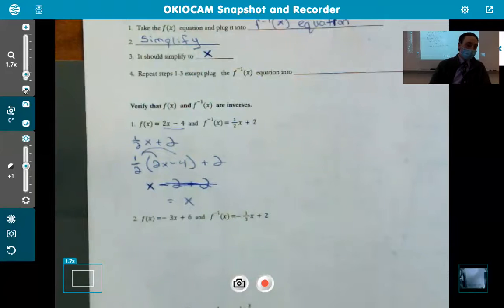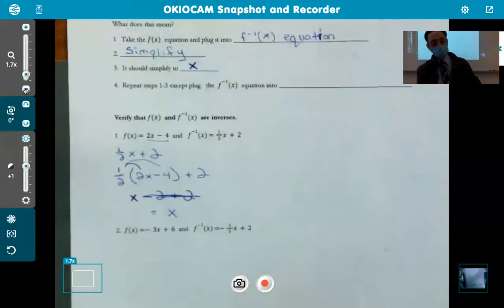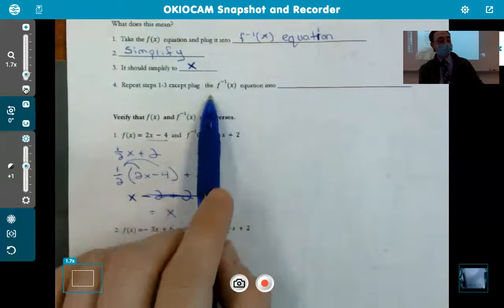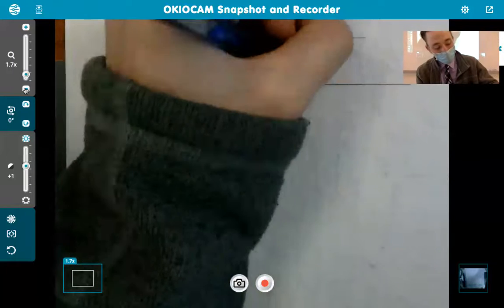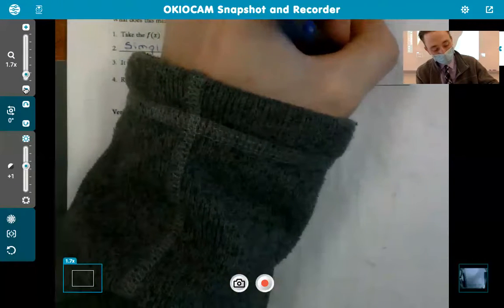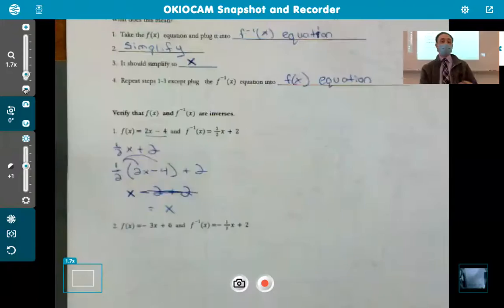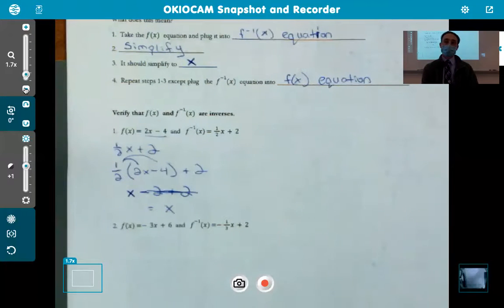Step 4, we're going to repeat this process, but instead we're going to take the inverse and plug it into the original equation. So we're going to plug that into the f of x equation. Because we want to verify it both ways just to make sure that is truly our inverse.